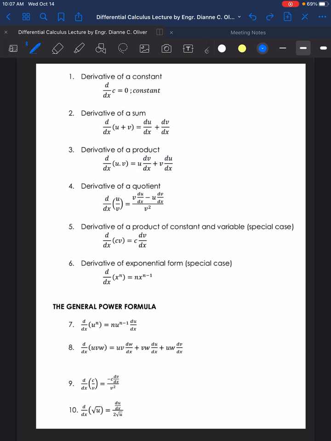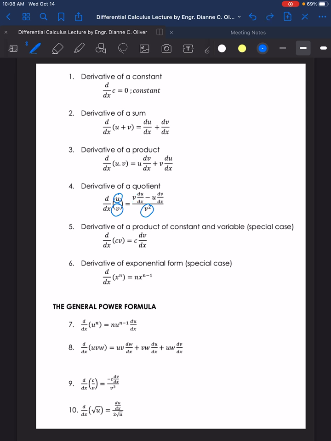Now, how about derivative of a quotient? For the derivative of a quotient, u over v. So first, we will be having the denominator v squared here, and then we will copy v or the denominator.